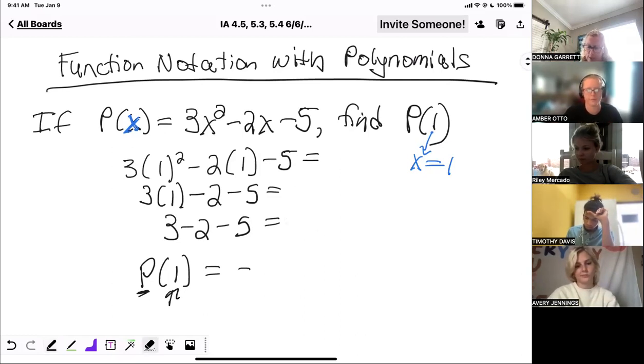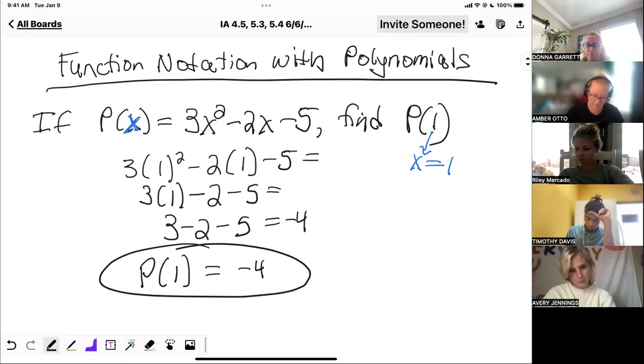I dreamt up a negative sign. It's not negative 10. 3 minus 2 is 1, minus 5 is negative 4. How's that sound? Negative 4. When I looked at it, I saw negative 3 until I looked up again.